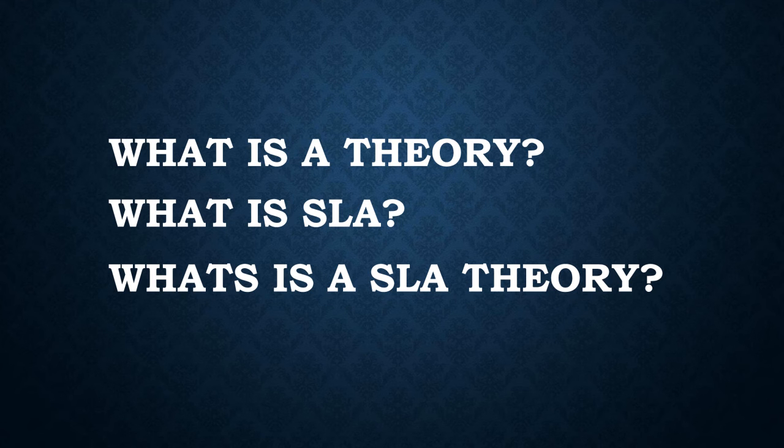These elements or categories are a base to build a theory of second language acquisition. And a second language acquisition theory is an interrelated set of hypotheses and or claims about how people become proficient in a second language.